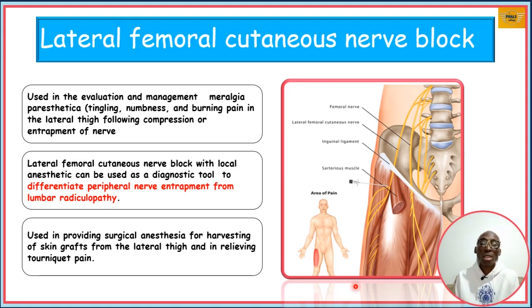It can also be used as a diagnostic tool to differentiate peripheral nerve entrapment from lumbar radiculopathy. It is also used in providing surgical anesthesia when harvesting a skin graft from the lateral part of the thigh, and in relieving pain that may come as a result of a tourniquet.